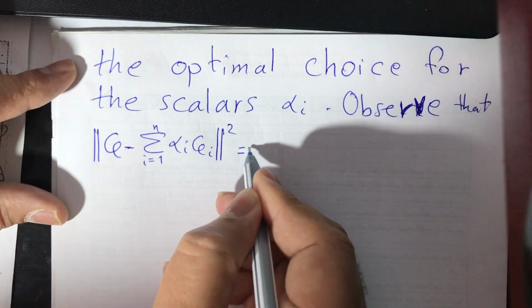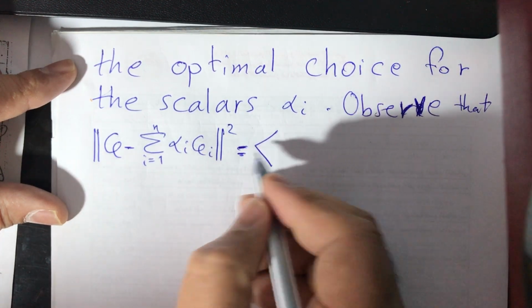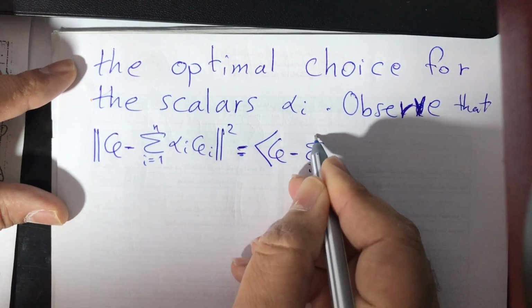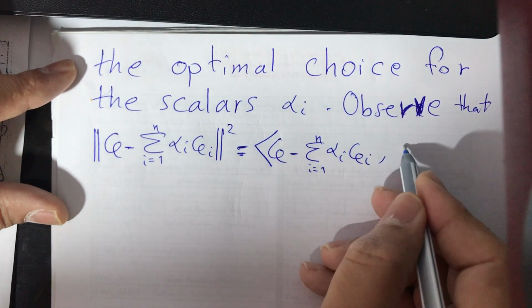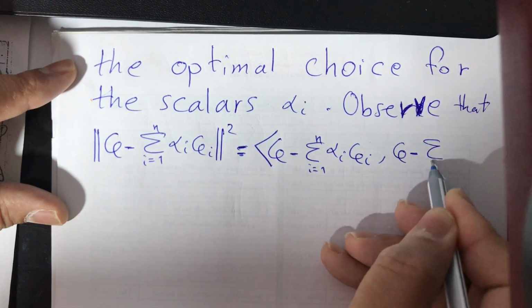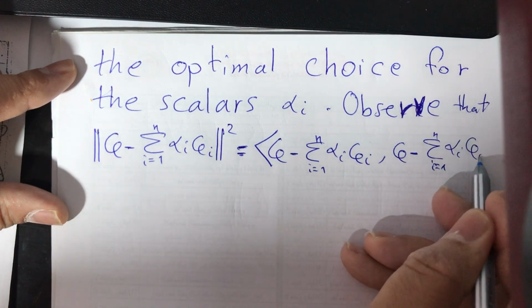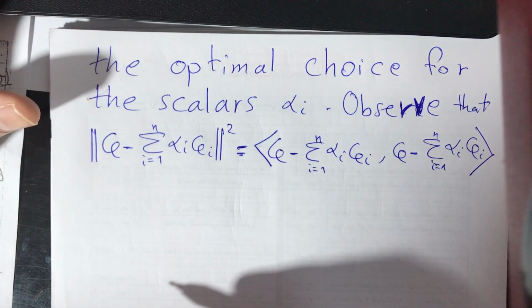This is equal to the inner product of phi minus summation i from 1 to n alpha i phi i with phi minus summation i equal 1 to n alpha i phi i. This is the inner product.